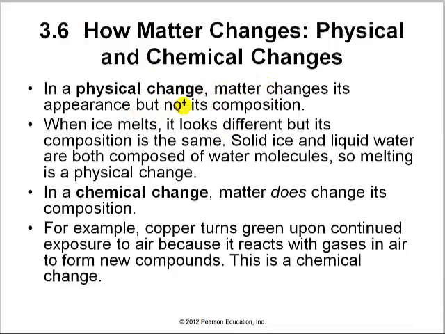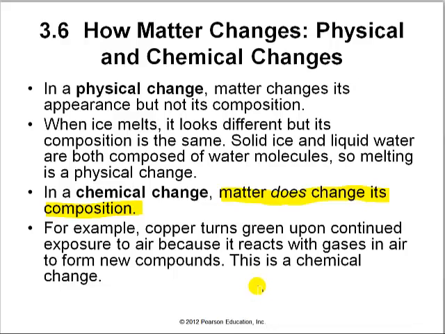So physical change is not a change in composition. The matter does not change its composition. Whereas for a chemical change, matter does change its composition. And let's look at just a couple examples. If we just read through this example that Tro is providing, copper turns green, like an old penny that has primarily copper in it.